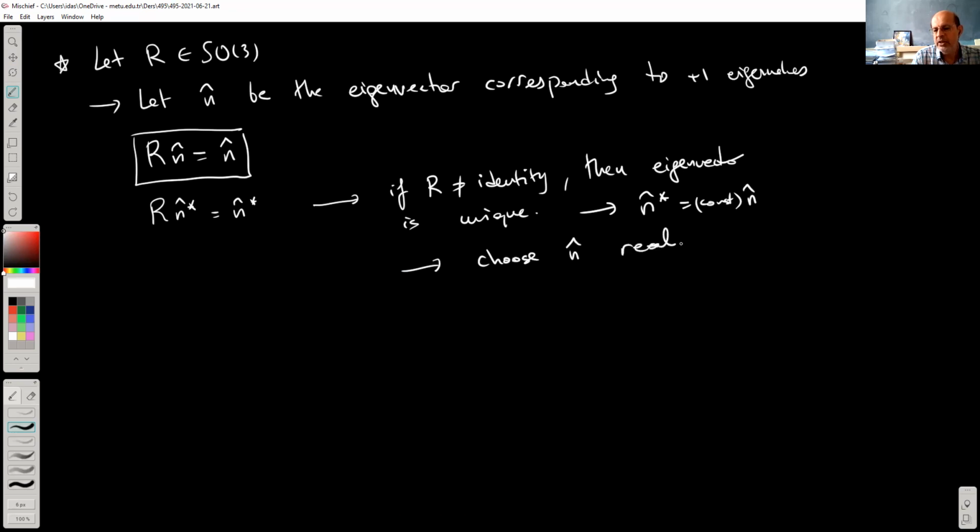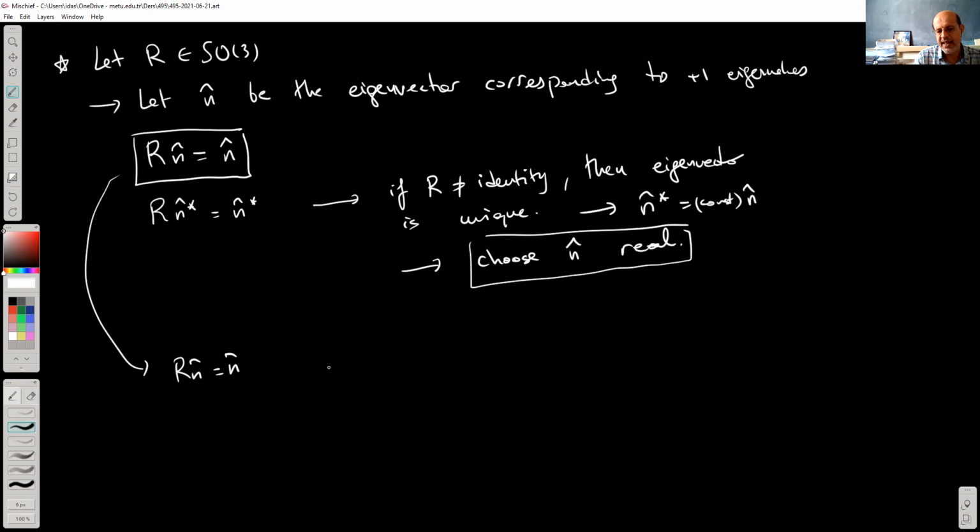It's basically a real vector, and that's what I'm going to assume here. So this implies that Rn equals n, so n is left invariant by rotation. As a result, I call this n the rotation axis.